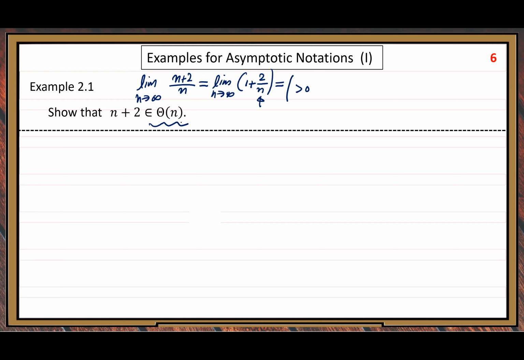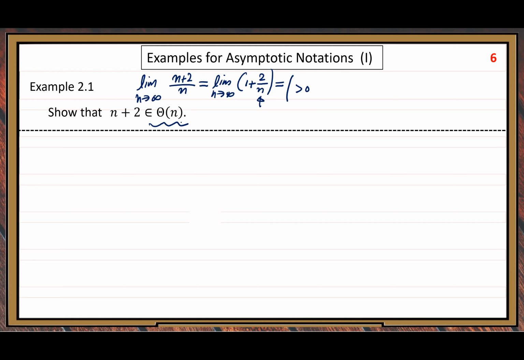So when the limit of the ratio of those two functions exists, the limit way is better, because we can do it quickly. But here I'd like to practice the inequality way.